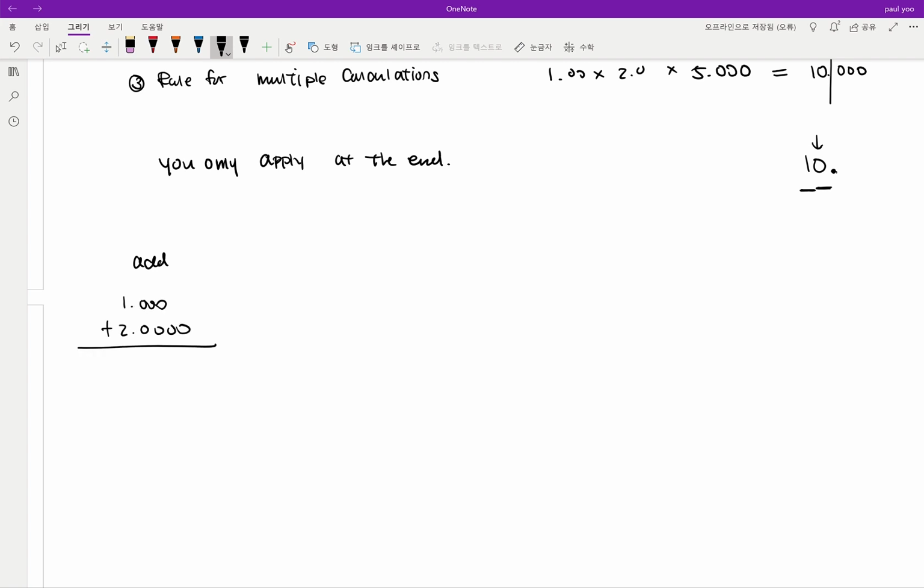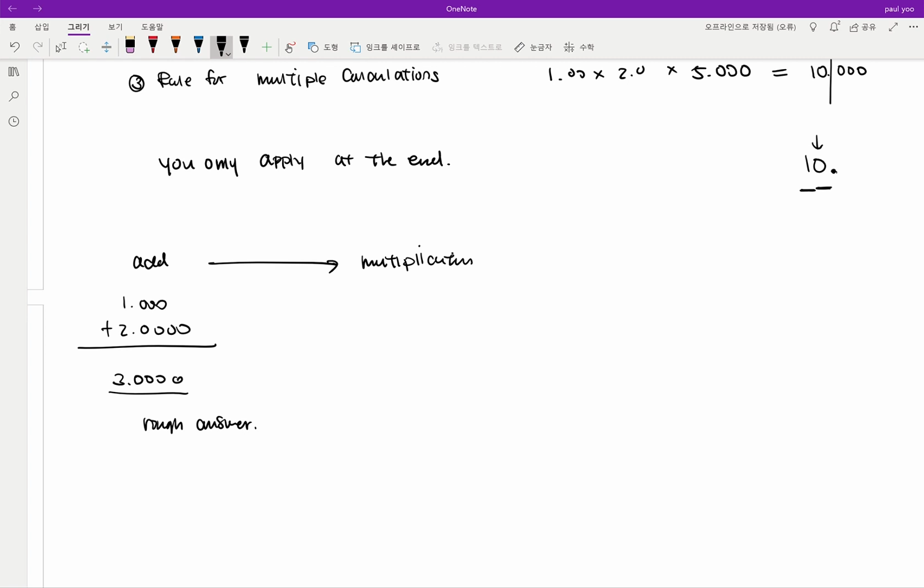Then you know the result has to be 3.000 because it cuts off right there. But we do not round this if you follow this addition by a multiplication. So in this case, you will straight up have 3.000 as the answer. We are going to call it a raw answer or rough answer.